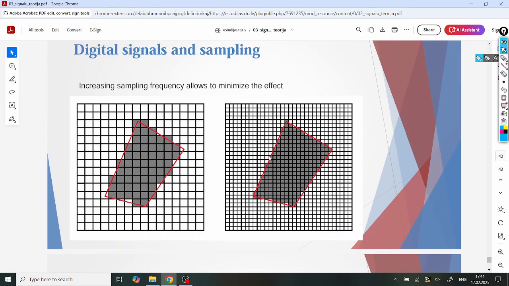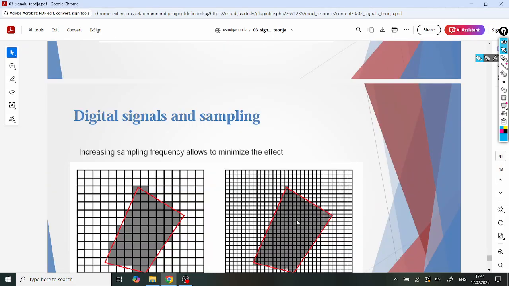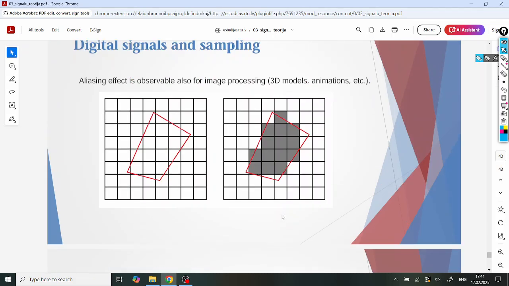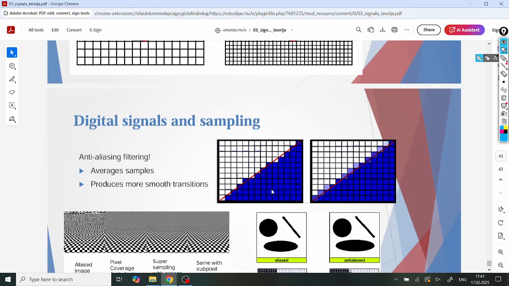Now, not always that is possible, especially if you start with this picture, then there is no way from this picture to get this picture again without advanced processing, artificial intelligence, and even so, it's not necessarily going to be as accurate as going back to your source picture and scanning it with higher resolution. But there is also a way to make these edges a little bit more friendly, using something called anti-aliasing filtering. Yes, anti-aliasing filtering.